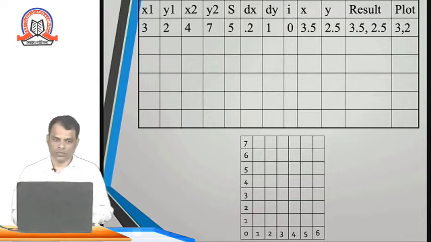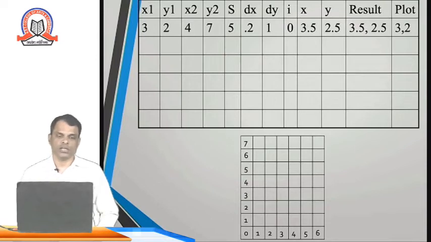Now I start with this: the steps are how many times I am going to plot the points. So these steps are the number of times I have to plot the different points. The initial point will be 3, 2. The next point will be, see this incrementing factor, 0.2 and 1, that I have to add to the original x and y values.